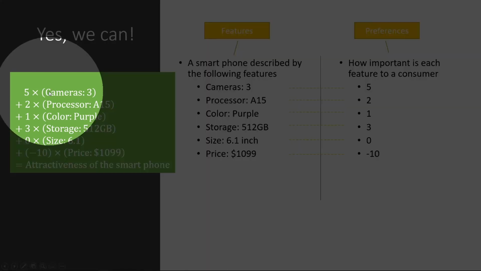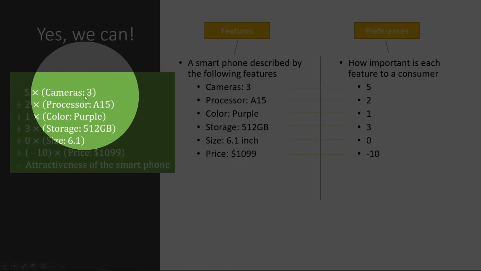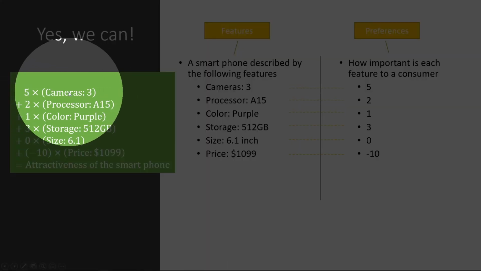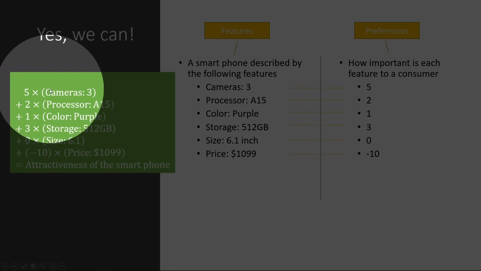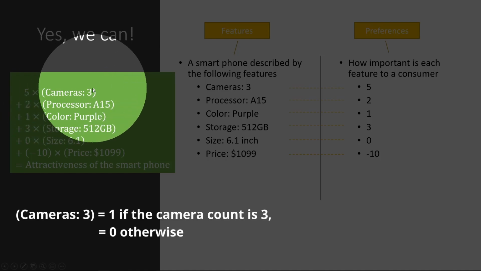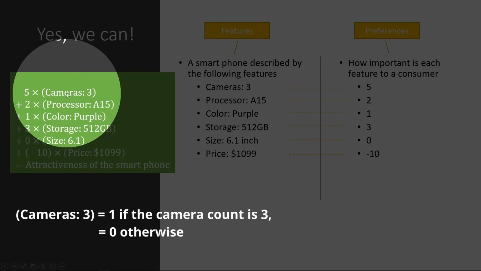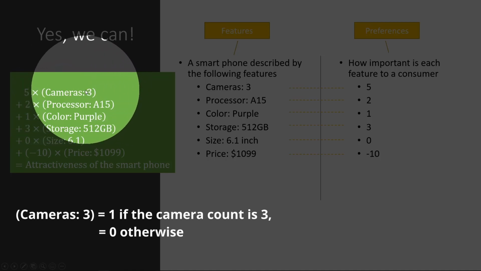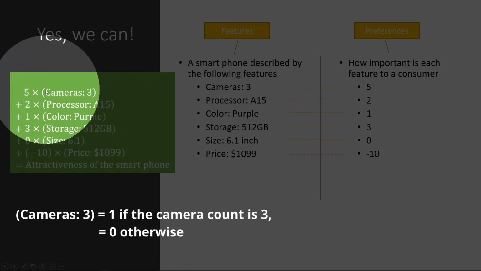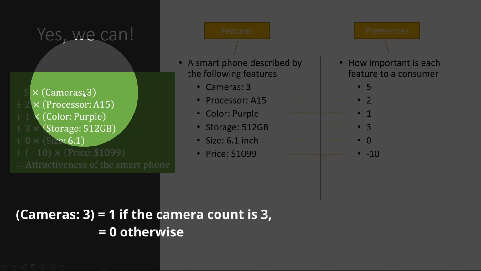And these variables that we talk about, cameras equals 3, what we put in this calculation are simply indicator variables. That is, when the number of cameras is 3, then this condition, camera 3, takes the value of 1. So that's basically 5 times 1 here if the camera is 3. However, if the number of cameras is 2, then camera 3 is not true.